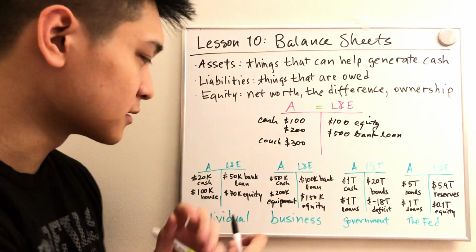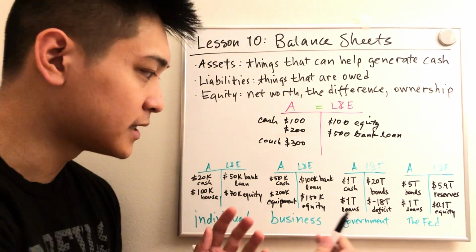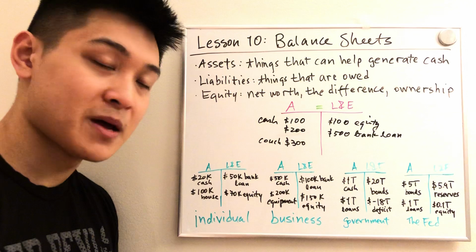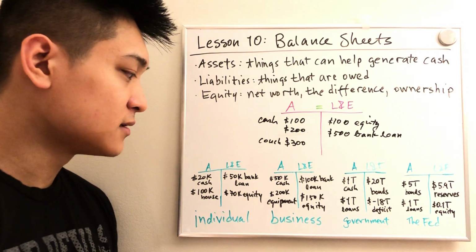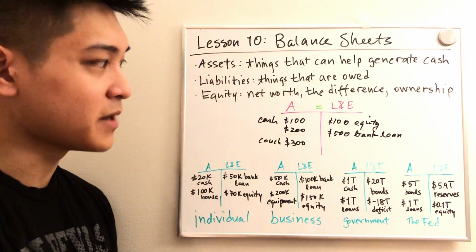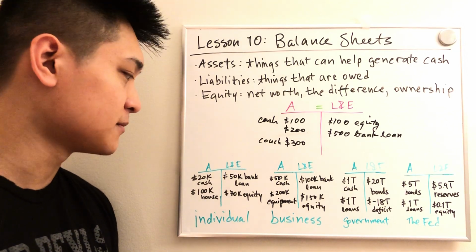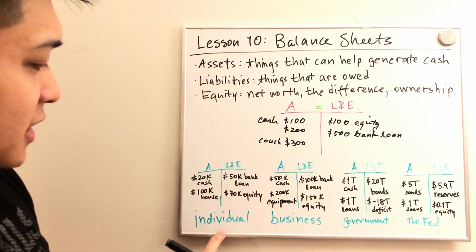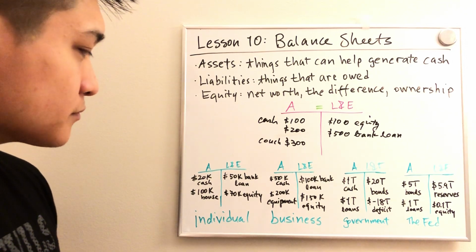And on the bottom here, I have drawn out some of the entities of interest that we've met before and filled out some example balance sheets of what they may look like. So we've been talking about the individual here.